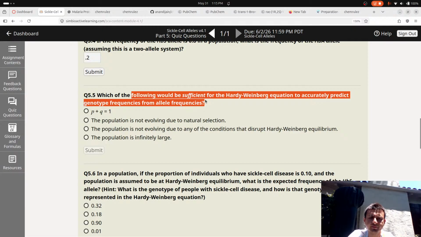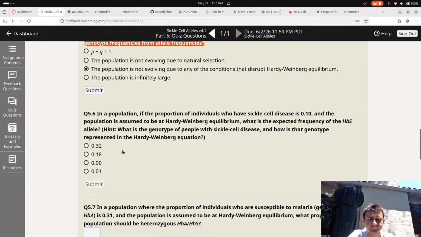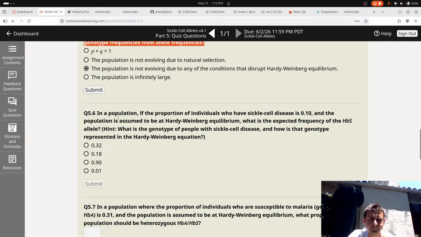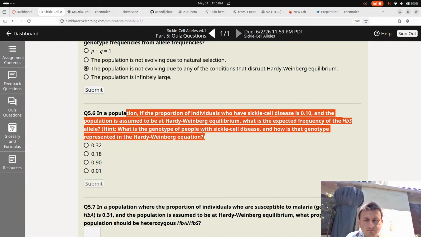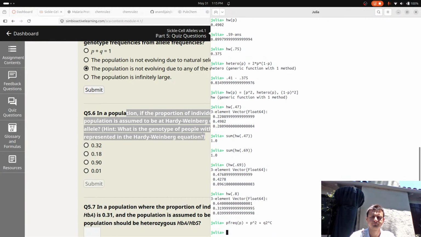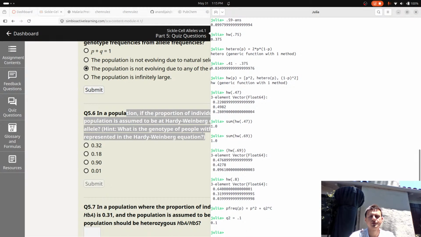Which of the following would be sufficient for the Hardy-Weinberg equation to accurately predict genotype frequencies from allele frequencies? Okay, so q squared is 0.1.